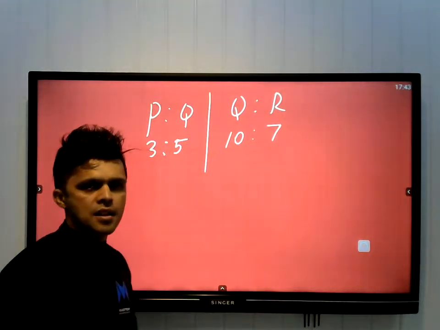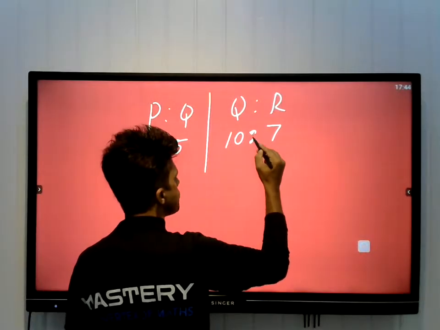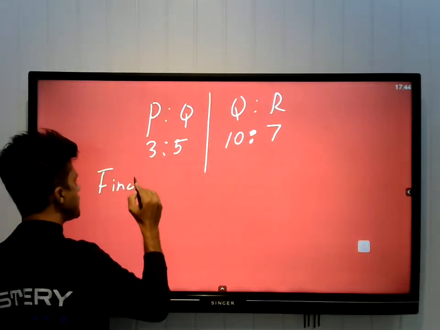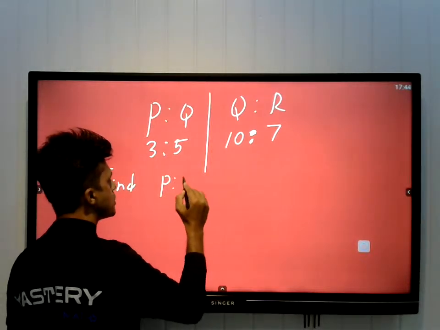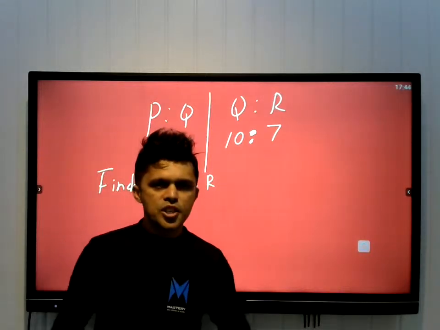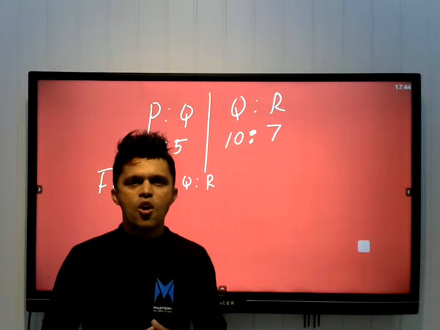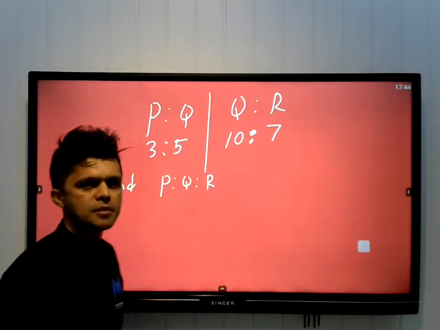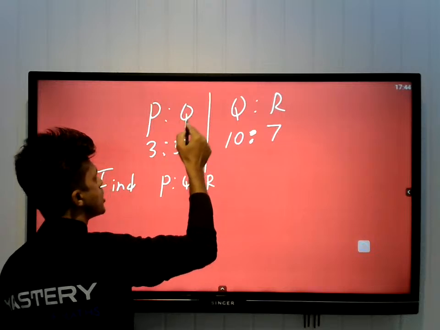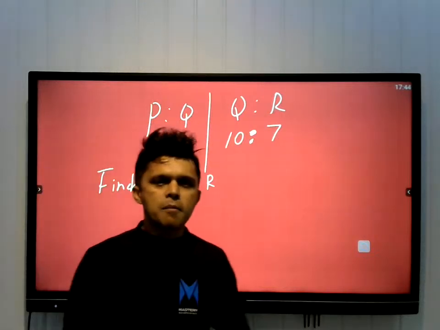You need to find P to Q to R. How can you do it? You need to combine these ratios. P to Q is 3 to 5, Q to R is 10 to 7. How can you combine this?